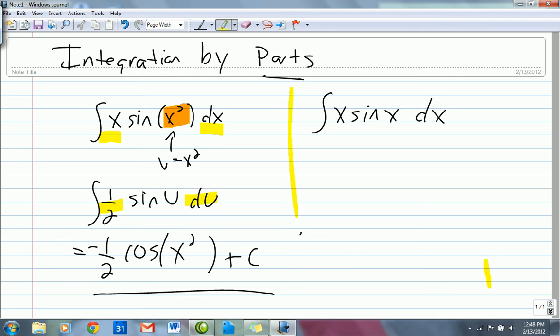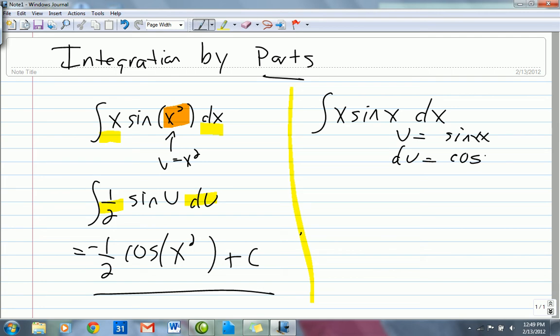That's not going to happen on this one on the right. If u is sine x, then du would be cosine x dx, and then what are we going to do with that x out here? Let that be u.